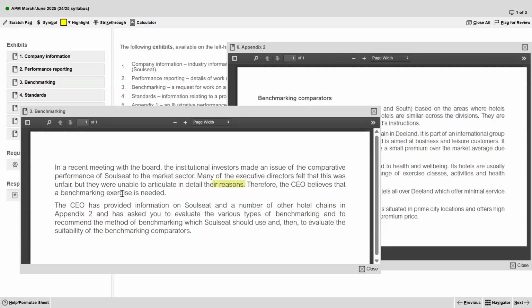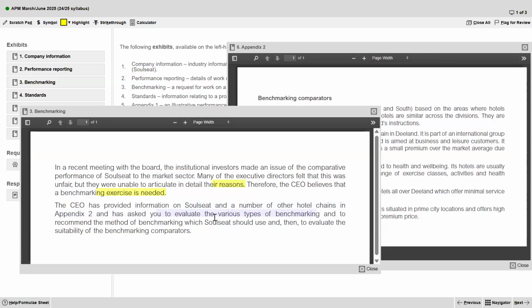Therefore, the CEO believes that a benchmarking exercise is needed. The CEO has provided information on Soul Seed and a number of other hotel chains in Appendix 2, and has asked you to evaluate the various types of benchmarking and to recommend the method of benchmarking which Soul Seed should use, and then to evaluate the suitability of the benchmark competitors.